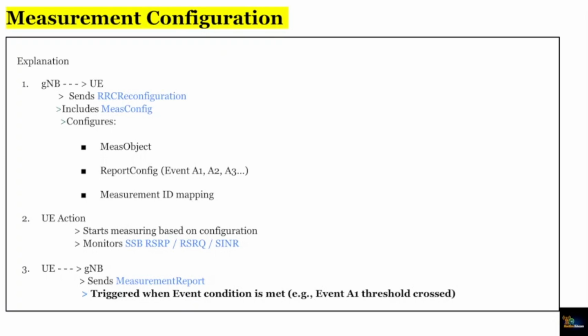After that, the UE takes action and starts measuring based on the configuration. It is monitoring SSB RSRP or SINR. So the UE sends a measurement report to the gNodeB, triggered when the event condition is met.